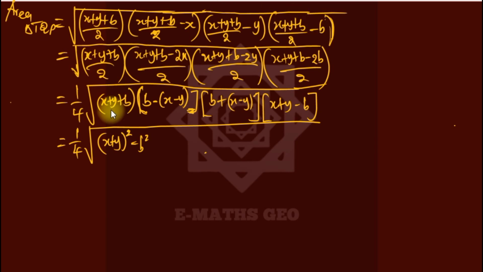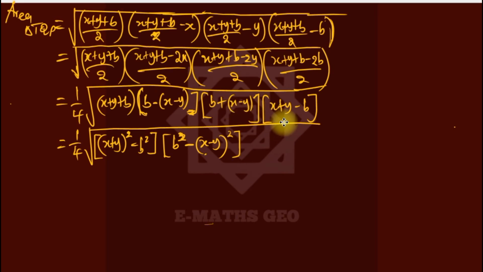So taking the first one and the last one, x plus y plus b times x plus y minus b, that's a difference of 2 squares. Why the second is also, if you check, b minus and b plus x, so we have b squared minus x minus y all squared.